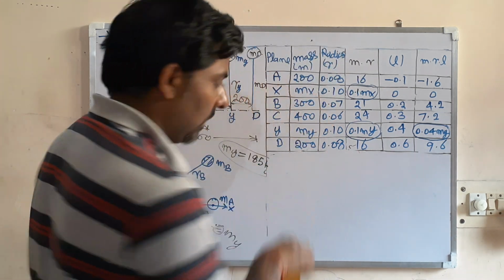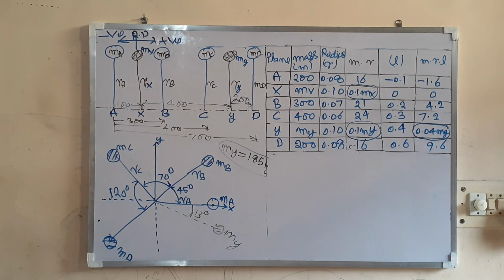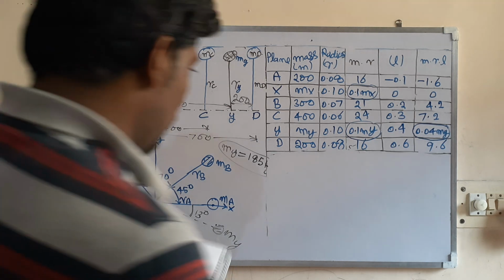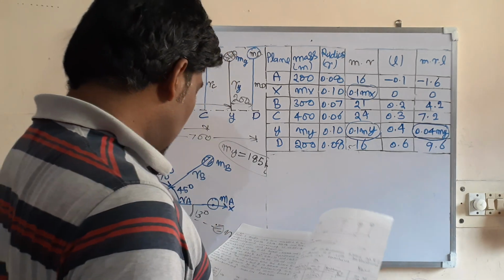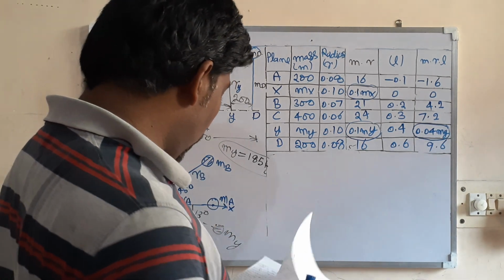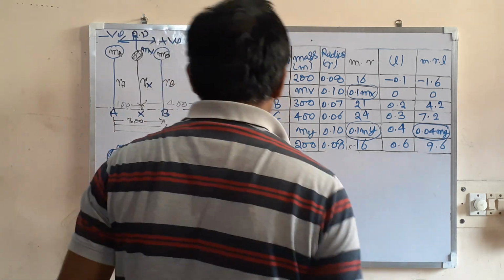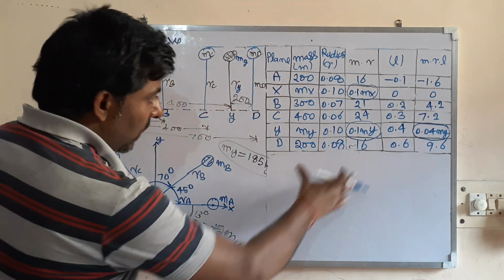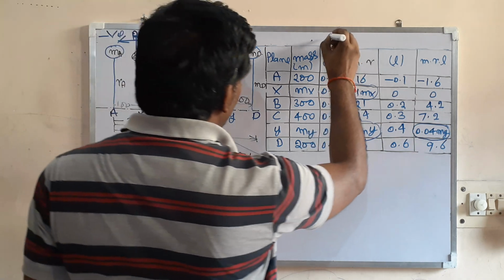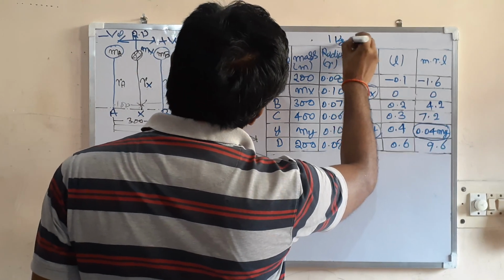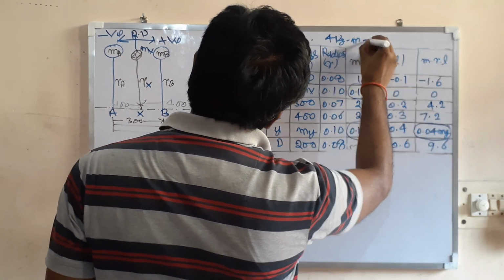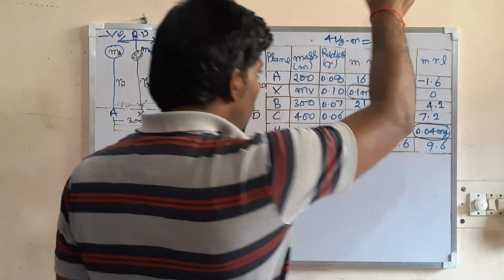Now let us draw the force polygon. What scale have I taken? I have taken 4 kg meter is equal to 1 centimeter for the force polygon.